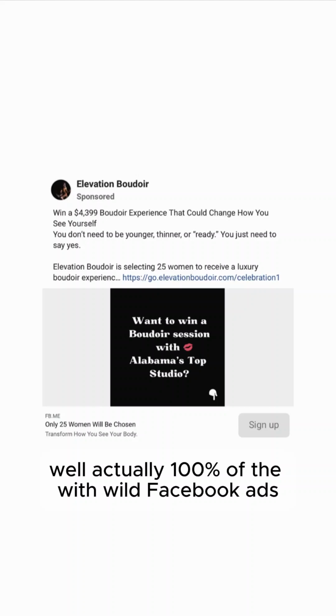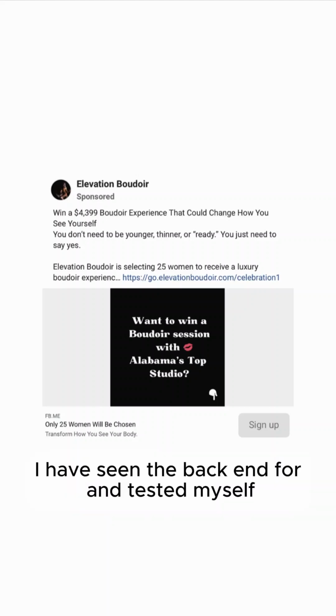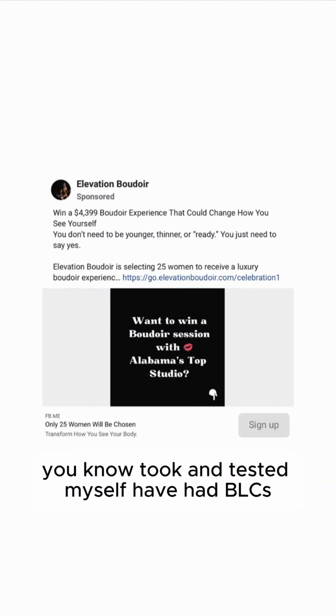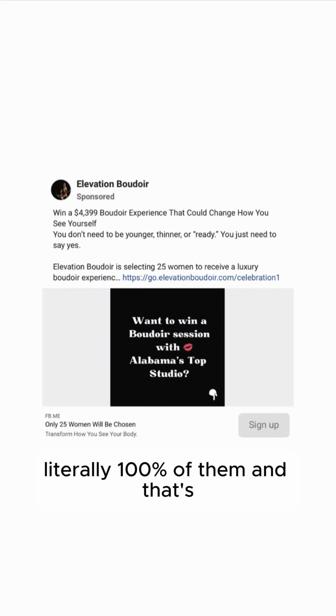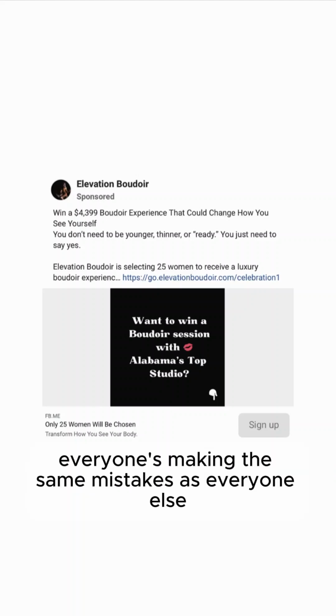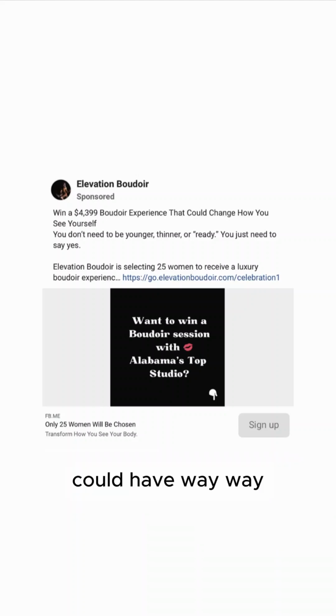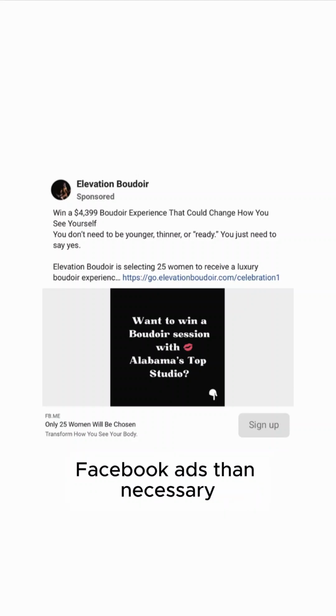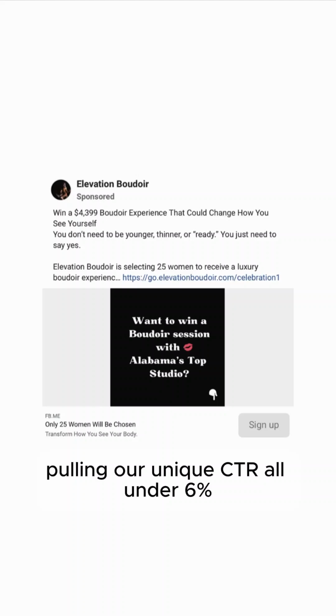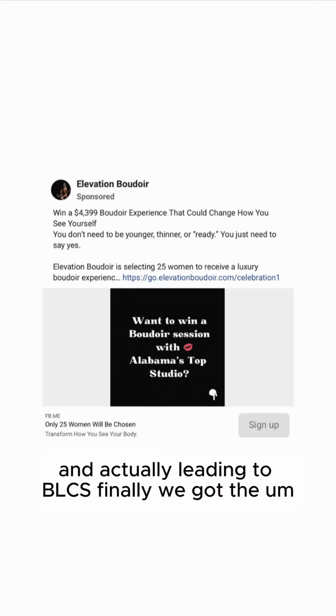Well, actually, 100% of the boudoir Facebook ads I have seen the back end for and tested myself have had BLCS, literally 100% of them. And that's because everyone's making the same mistakes as everyone else. So the consequence of the looks like an ad mistake is that we're going to have way more women scrolling by our boudoir Facebook ads than necessary, pulling our unique CTR all under 6%, and actually leading to BLCS.